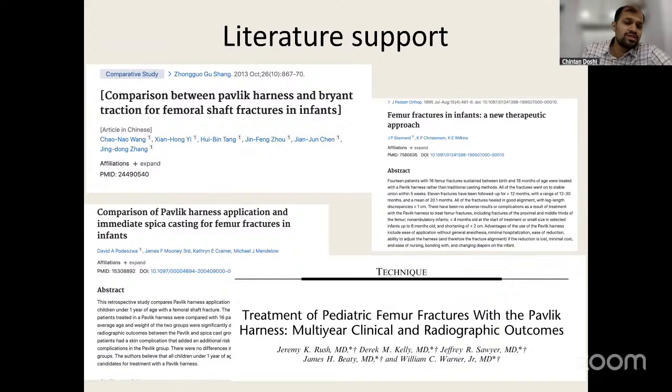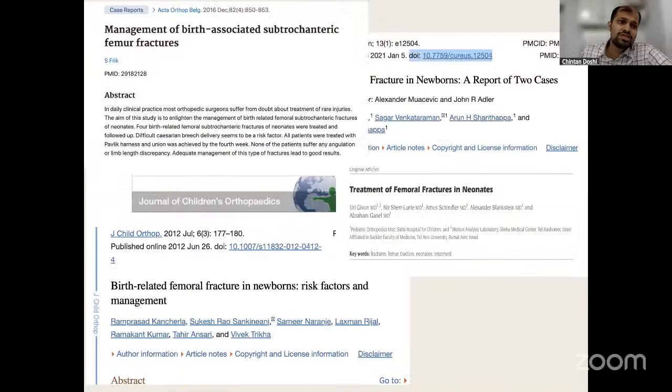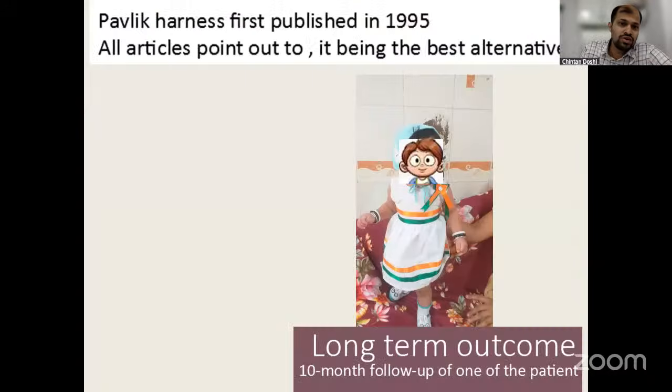Some of the literature suggests applying a very early spica, maybe at 3 months or 6 months. But most of these cases, up to the age of 6 months when the child is small, can be managed with a Pavlik harness. Some of them, even till 9 months or 1 year, those who are low birth weight babies who are well fitted in a Pavlik harness, can still be managed with it.